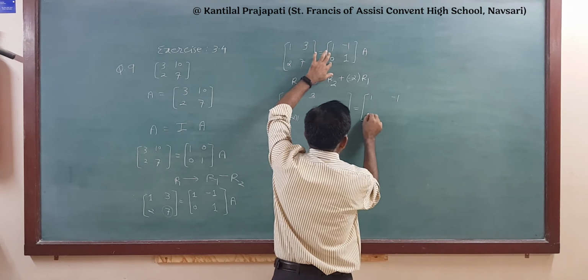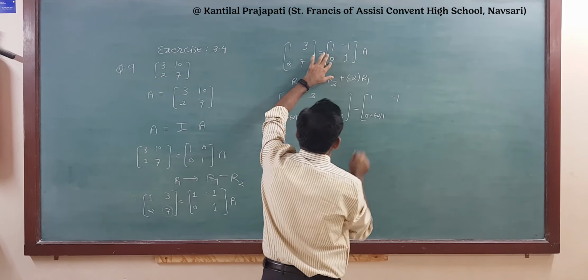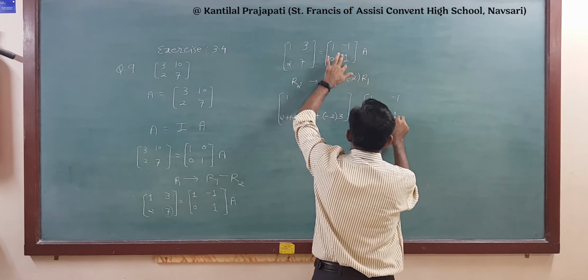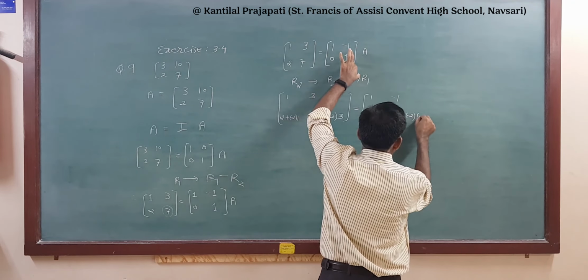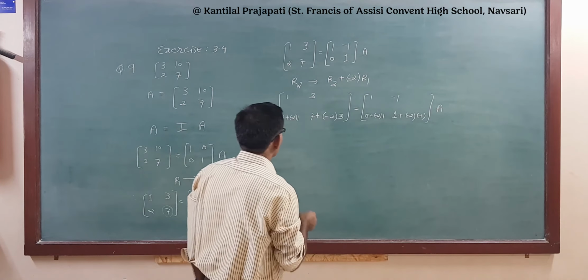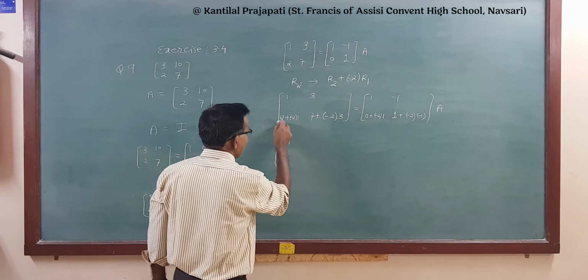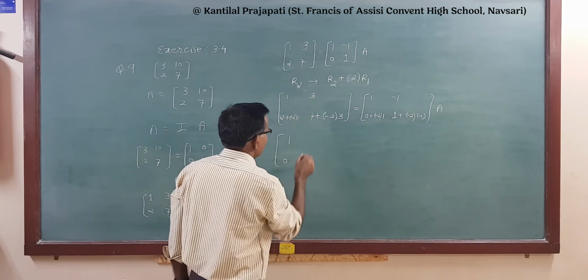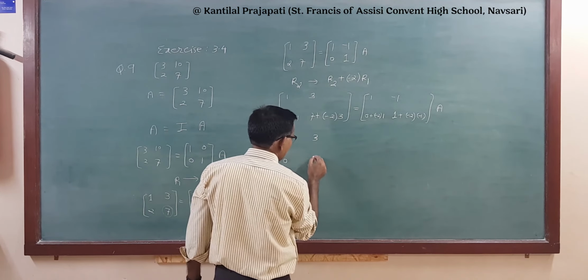We write here 0 plus minus 2 into 1, and here 1 plus minus 2 into minus 1, into A. So therefore you get here 1, 2 minus 2 is 0. You get 3, which is already there, and 7 minus 6 gives 1.